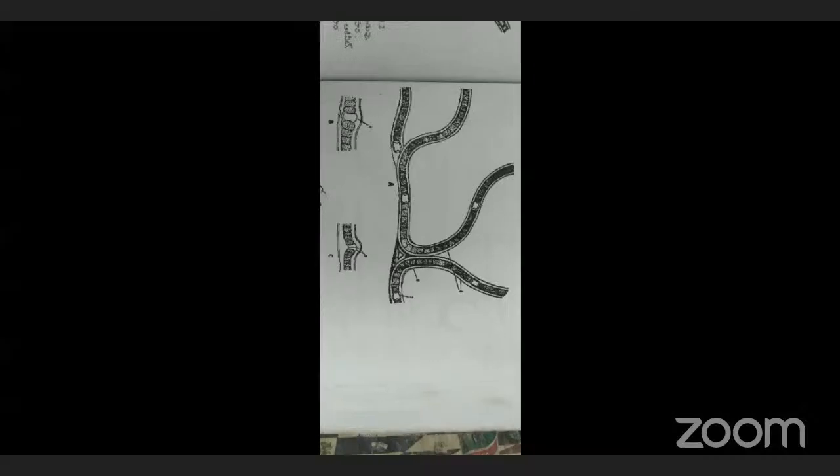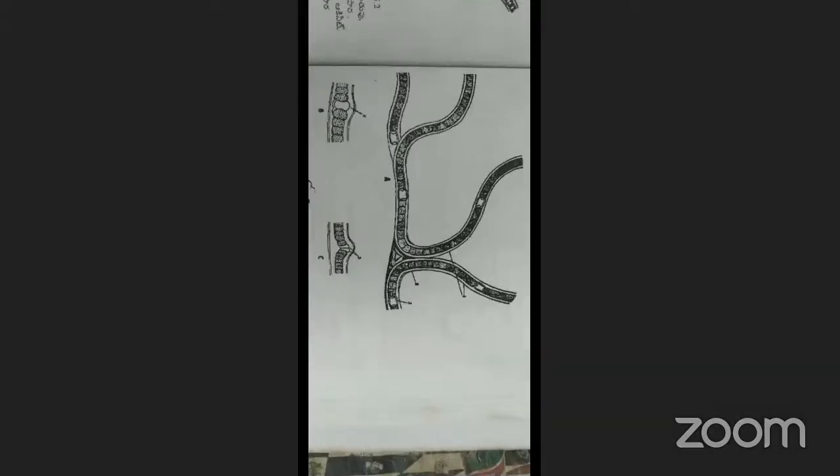So it looks like a branching structure, but it is not a true branching. That's why we call it false branching. Occasionally, false branching is also formed at a heterocyst, where the filament breaks apart in a similar manner.